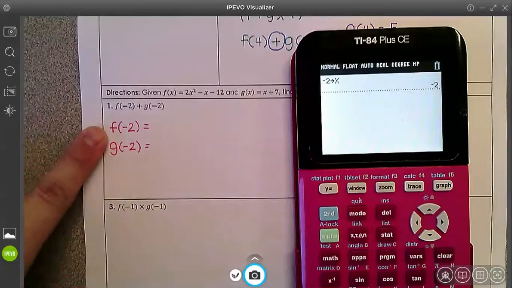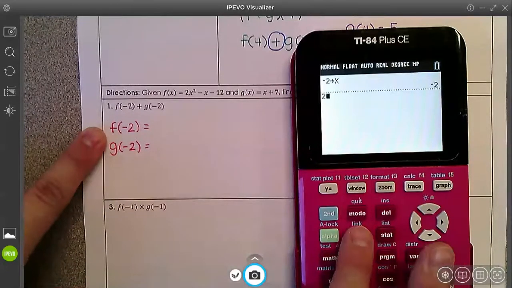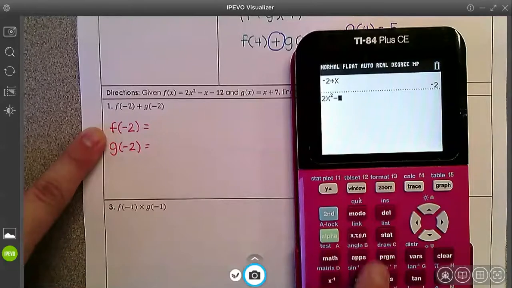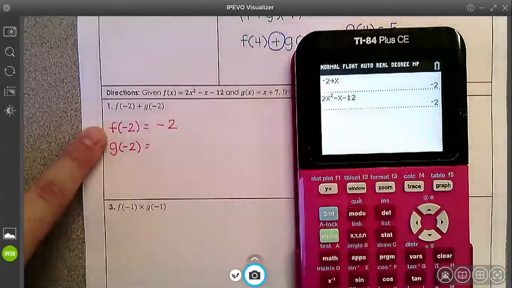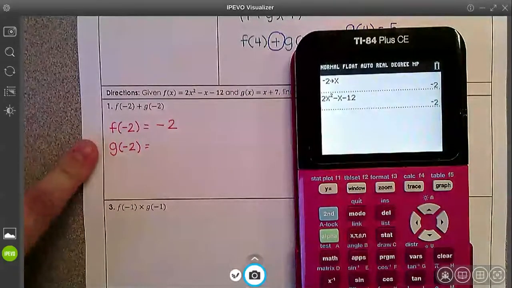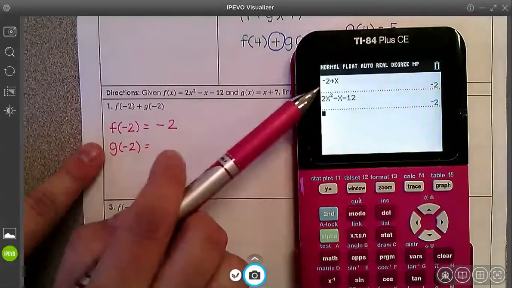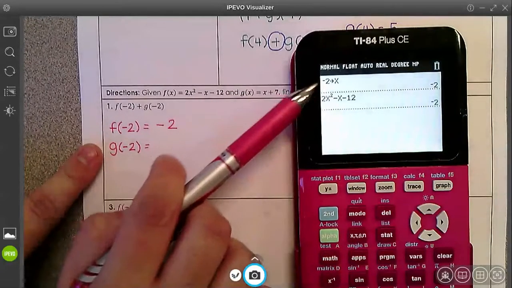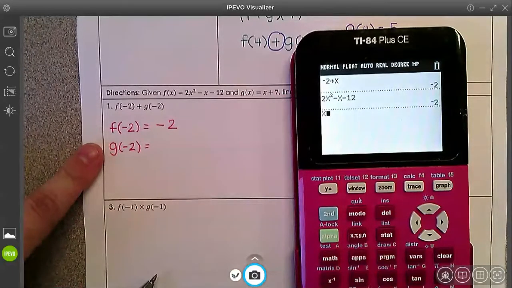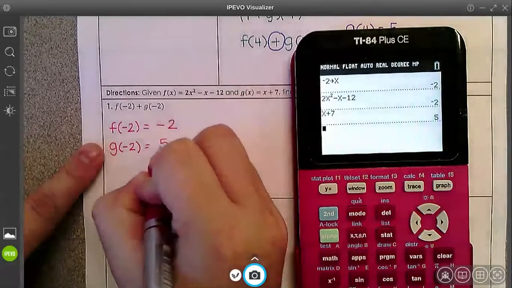And then we're typing in our f function, 2x squared minus x minus 12. And we just so happen to get negative 2. And then we're doing g of negative 2. So we've already got negative 2 in. We just type in x plus 7 because that's my g function. And we get 5.